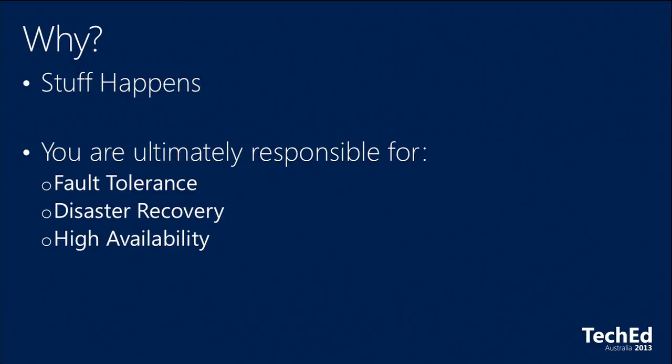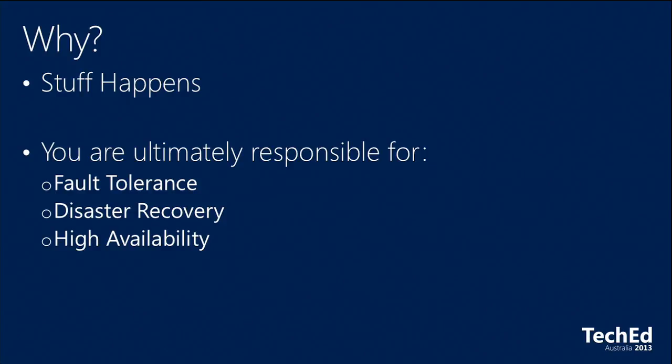fault tolerance is this idea that I build redundancy into my solution so that it can roll with the punches. The idea that it can handle small-scale failures, potentially with a degradation in service, but I can continue to operate. And the platform actually does a lot of this for you, which I'll go through. Disaster recovery is if I roll with too many punches and I get knocked out and a disaster happens, what are the processes and the policies and the technology that you put in place to recover from that disaster?